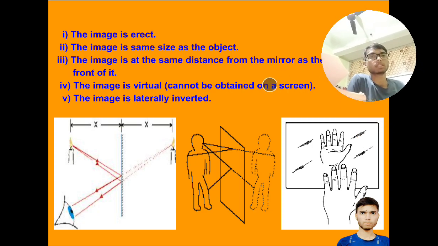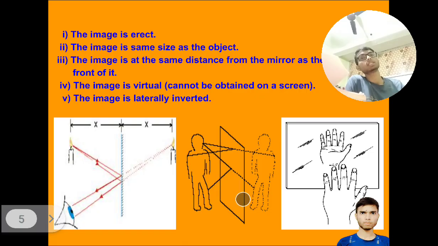Here it is saying the distance of this object from here till the mirror is 4 cm. Then from the mirror till the image would be the same. This kind of image you will be getting. So size would be the same, shape would be the same, and distance as well.